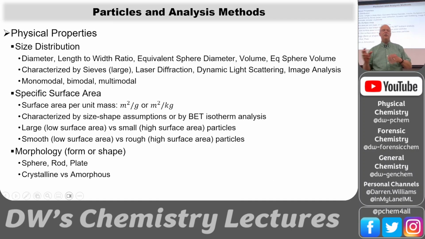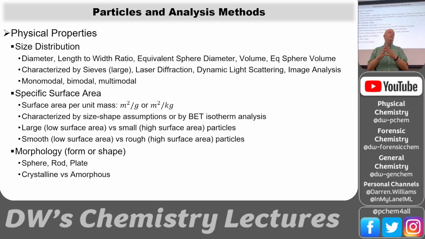So these are some of the physical properties in particle samples. When you have a powder, you've got a range of particles. You have a size distribution. Every one of those little particles has a slightly different diameter, and so you'll get some kind of distribution of diameters in that powder. Or it could be some are long and skinny, others are more like gravel, and we'll see some of those examples today.